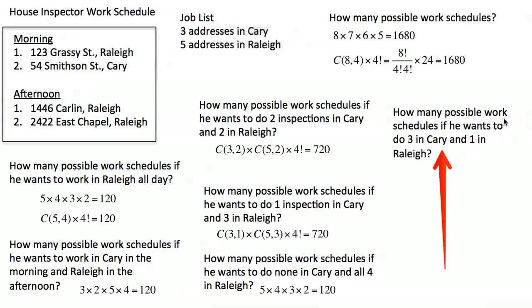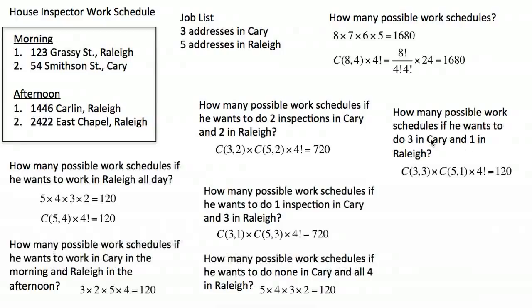How many possible work schedules if he wants to do 3 inspections in Cary and 1 in Raleigh? So he's going to do all 3 of the Cary addresses and 1 of the 5 Raleigh addresses. To do 3 in Cary, you have to visit all 3 of the 3 addresses in Cary.